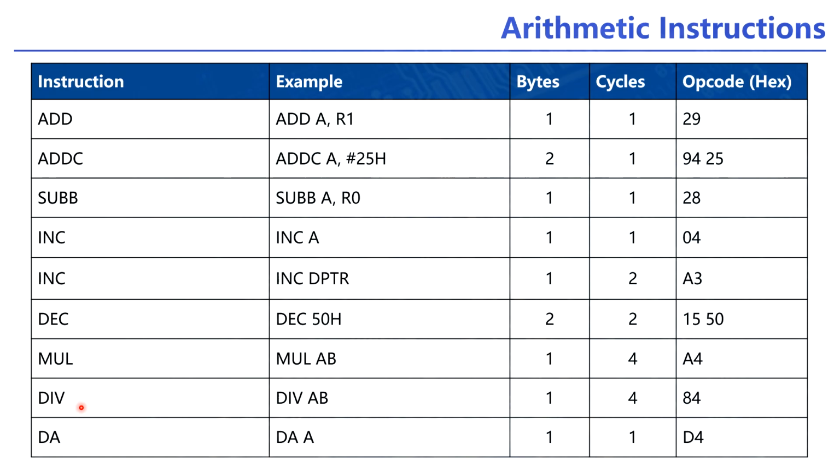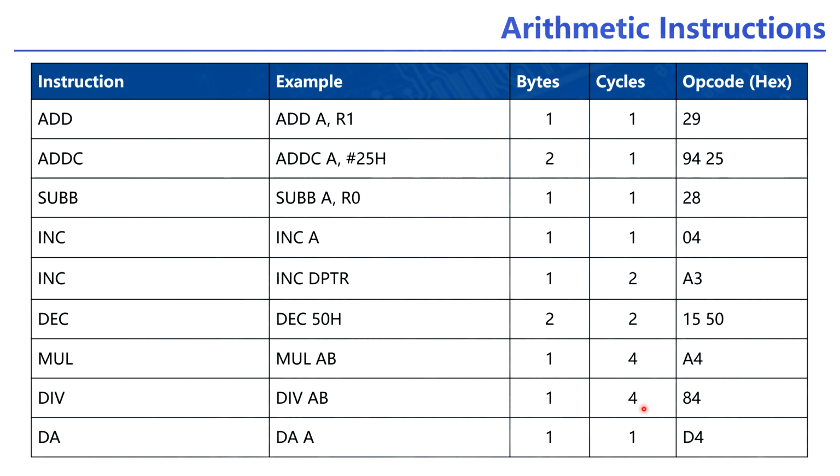For the division, the instruction for division is DIV, right? An example of this instruction is DIV AB. Okay, noted. This instruction is a 1 byte instruction, right? The execution of this instruction takes 2 cycles.